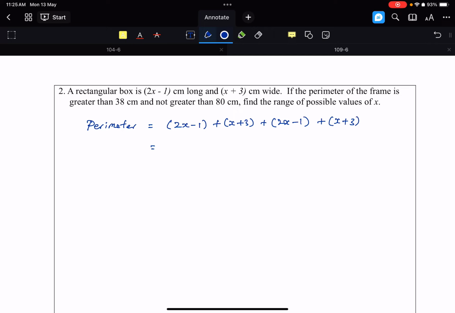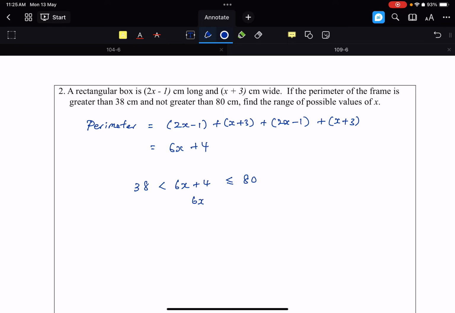So that gives us 6x plus 4. Now that means that 6x plus 4 is greater than 38, not greater than 80, but we can still put 80, right? Because 80 is not greater than 80.